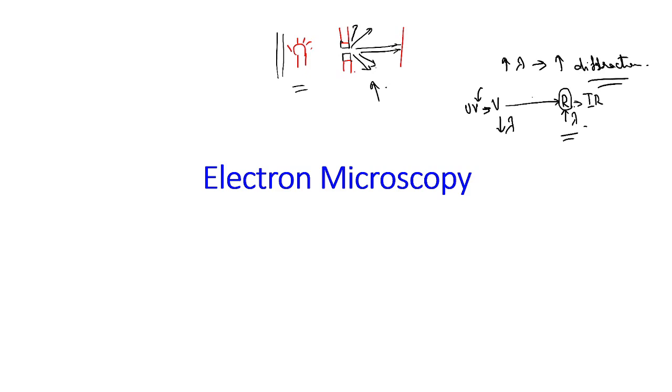Usually, if you have a wavelength of say 600 nanometer, then it will be able to interact in a proper way with an object of approximately 1200 nanometer.